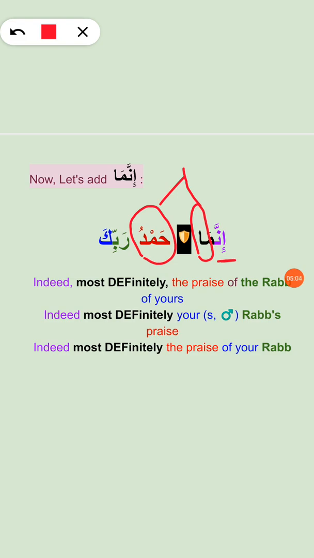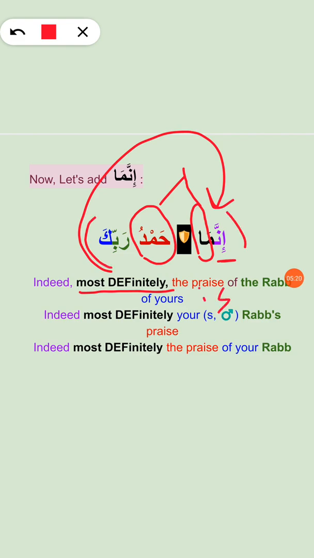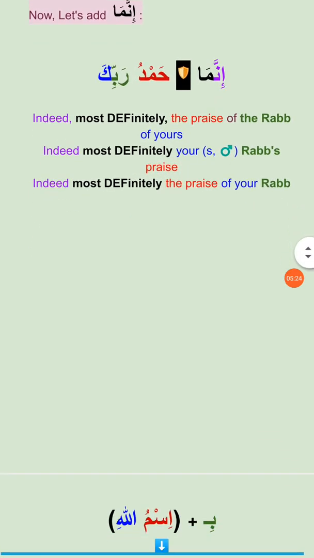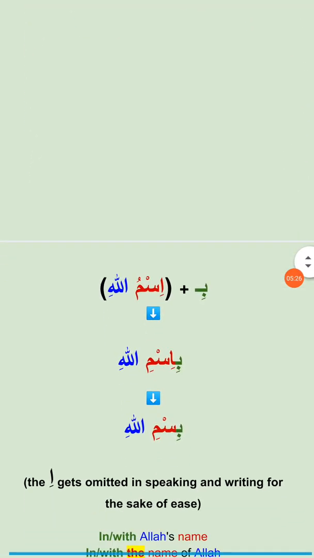You would simply say, "indeed, most definitely." This "most definitely" is the effect that is given by this innama. So: indeed, most definitely the praise of the Rabb of yours is. This is where you're going to place "is."